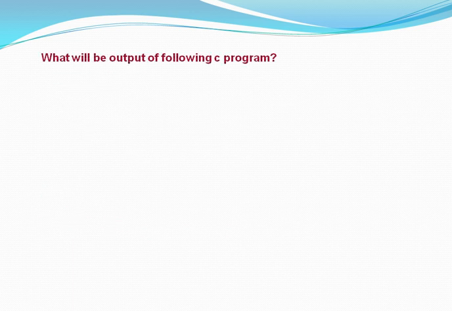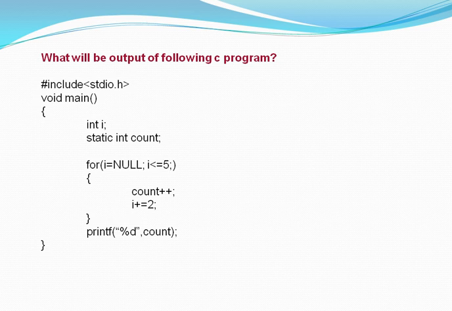What will be the output of the following C program? We have one integer variable i, a static int count, and a for loop with i = NULL; i <= 5; count++, then i += 2. Now we print the value of count. The default value of NULL is 0. The static variable count has default value 0, because a static variable takes the default value 0.